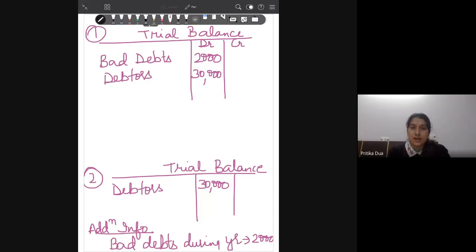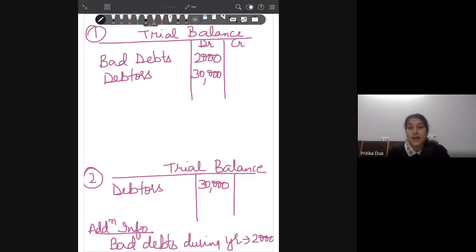In the first case, you are given bad debts directly in the question in the trial balance. So any item appearing in the trial balance will go at one place in the final account. So bad debts are related to the debtors who have turned insolvent.